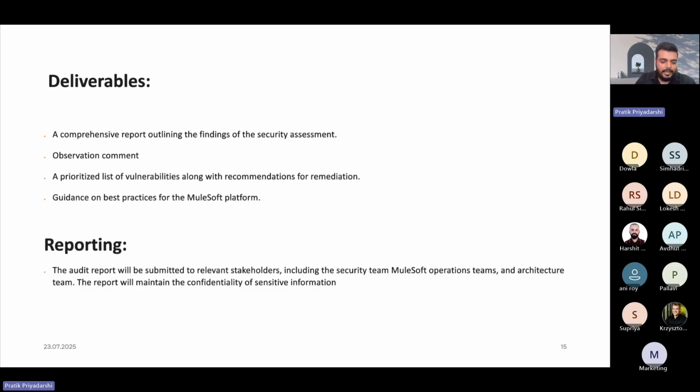And yes, we will also provide documentation which will help you for your audits, stakeholders, and maybe executive reviews as well, right? In short, everything you need to secure your platform and prove that it is secure.